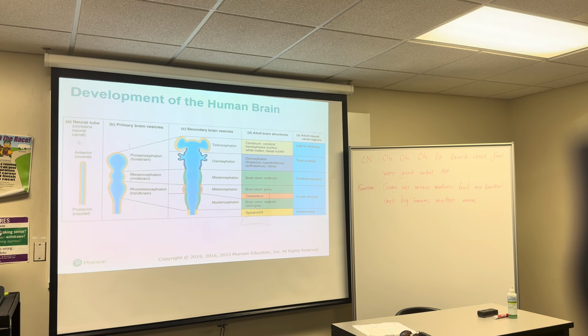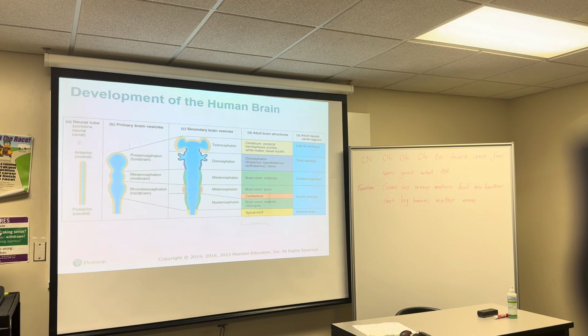Before I talk about the vesicles, can you tell me what a vesicle is? When you did the sheep brain dissection, were you able to really see the vesicle? Not necessarily, right?